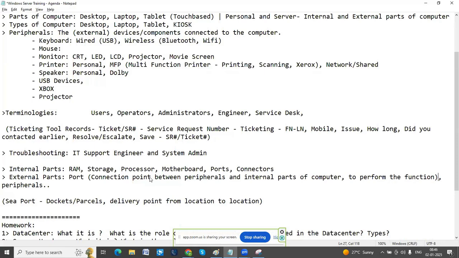That's one function, one task. To perform the task, a port is required. Then only can one device connect to another device. Directly a cable can connect, but the cable has to be connected to one of the connection points. That connection point we are calling by the word port. It's like a bridge between the internal parts of the computer and the external parts of the computer.